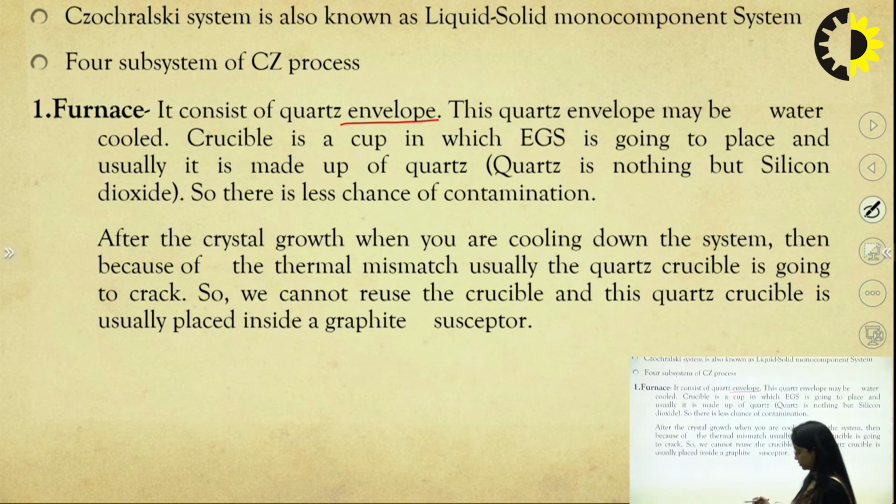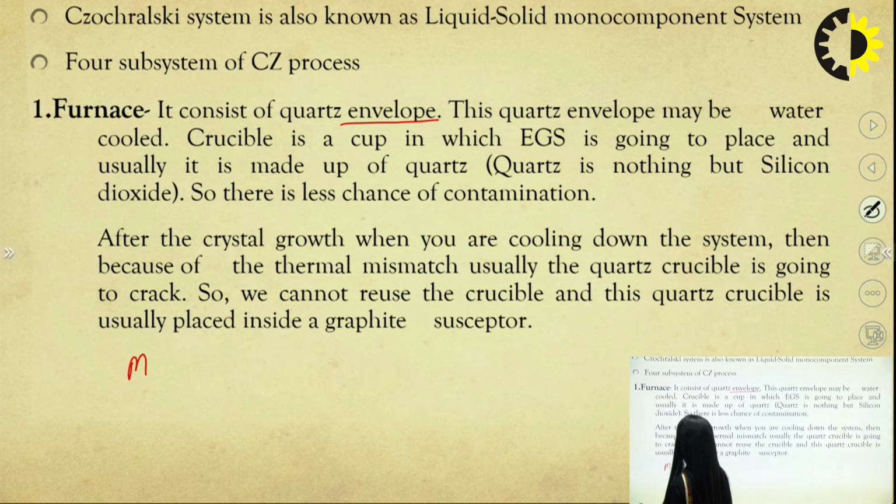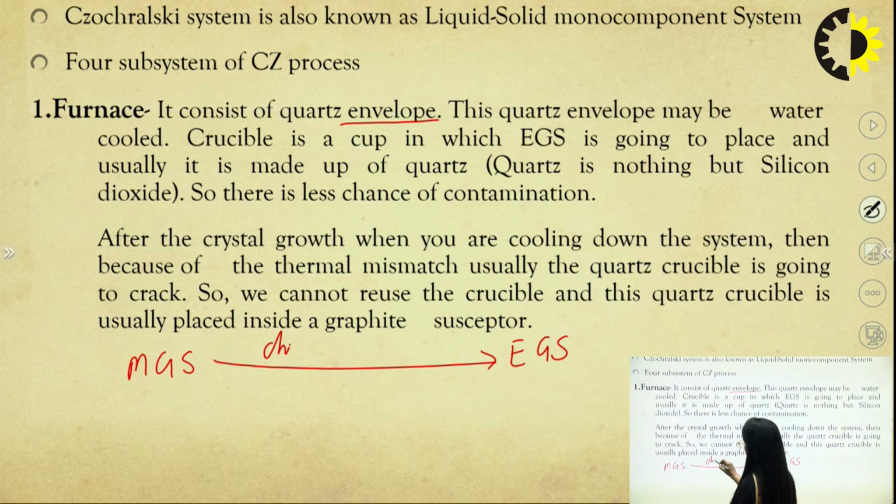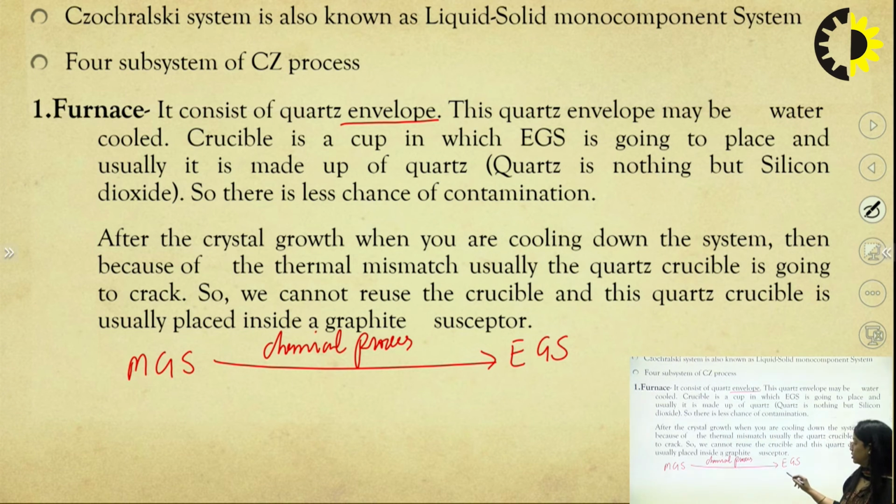The raw silicon which is available in nature is metallurgical grade silicon, and we treat it and convert it into electronic grade silicon through a set of chemical reactions.